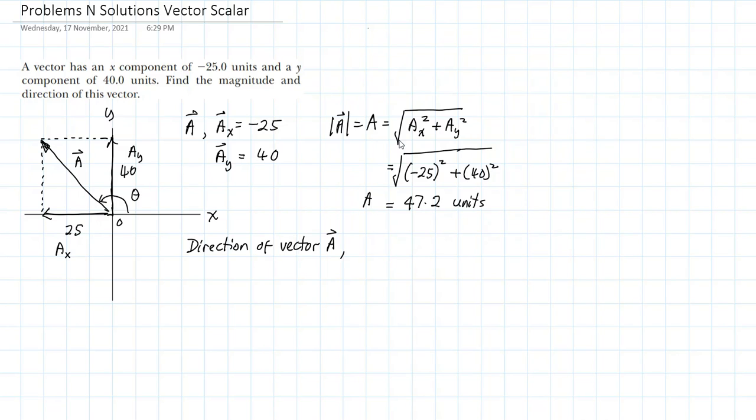The direction of vector A, which is theta, is equal to tangent inverse of AY divided by AX. Tangent inverse of 40 over minus 25. So theta equals 122 degrees.